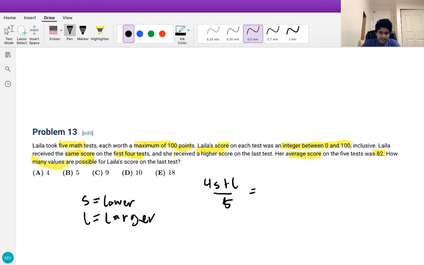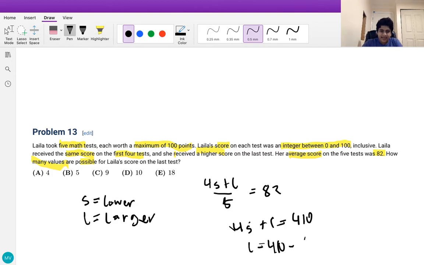4S plus L is going to equal 410, or L is equal to 410 minus 4S.